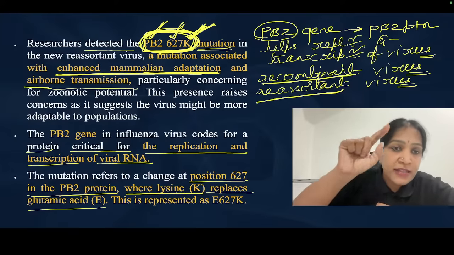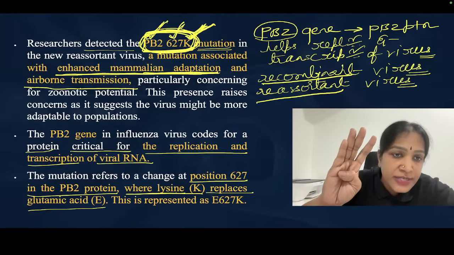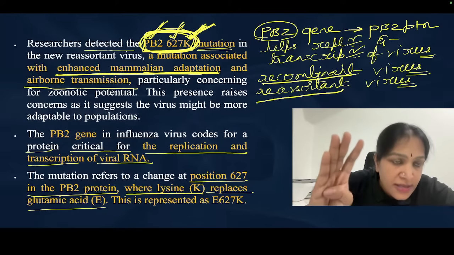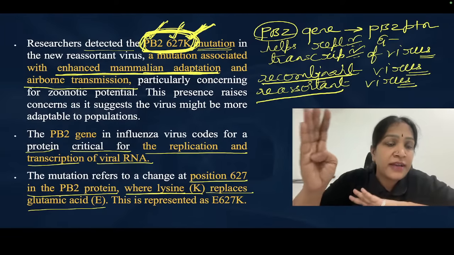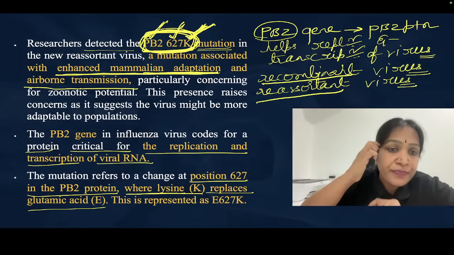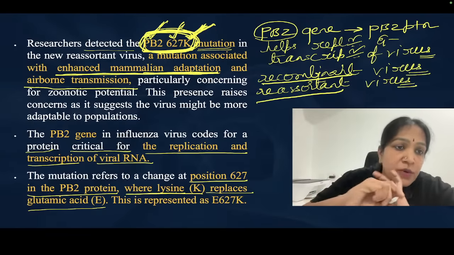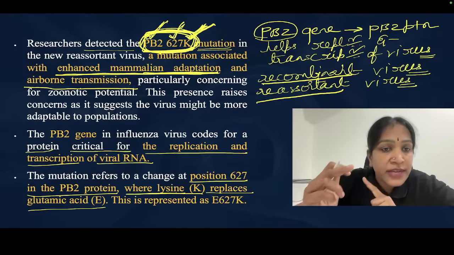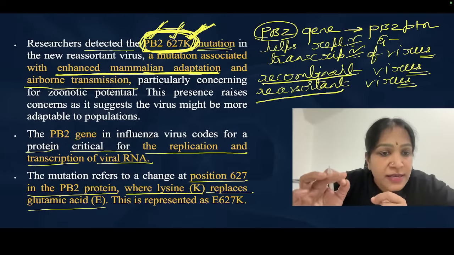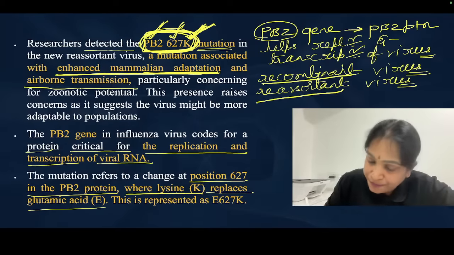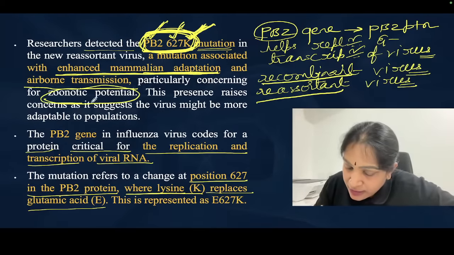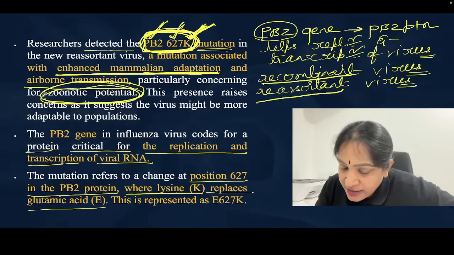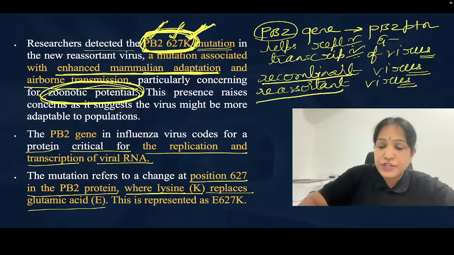The virus having this mutation can better adjust in mammals like human beings, and it can spread easily through the air. Is it clear? So can this mutation make this virus a zoonotic virus? This mutation will increase the zoonotic potential.